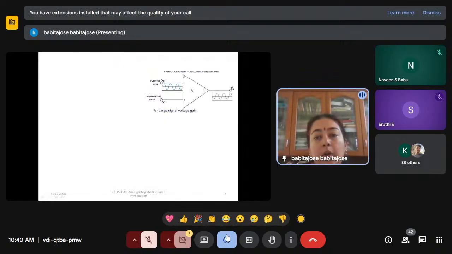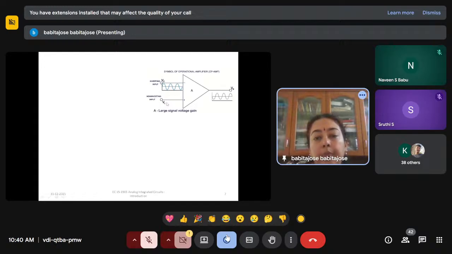So this is the symbol of an op-amp. It has two input terminals. You can see these differential inputs are designated by plus and minus sign. Plus indicates it is the non-inverting input. Minus indicates it is the inverting input. So what do you mean by non-inverting input?